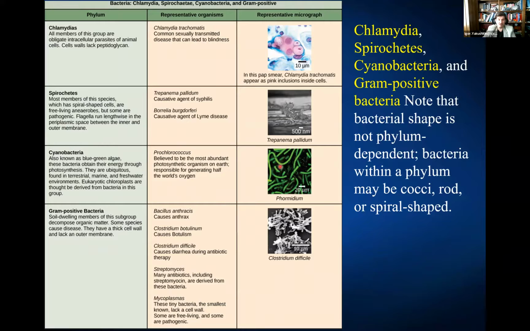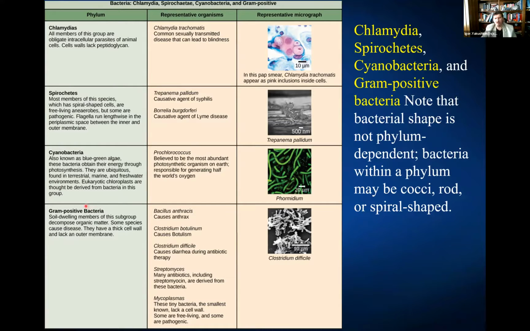These are probably the ones which started photosynthesis. They are responsible for generating half of the world's oxygen, meaning the oxygen you are breathing right now most likely has been produced, at least half of it, by some tiny little bacteria. There are just billions upon billions of them.